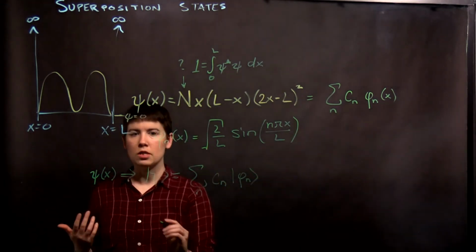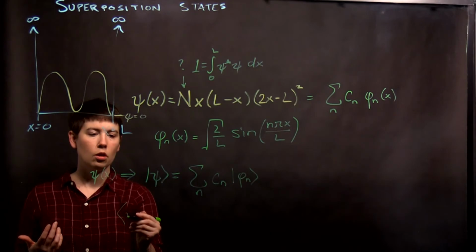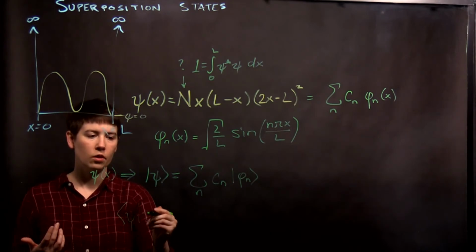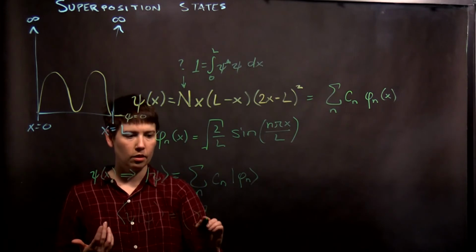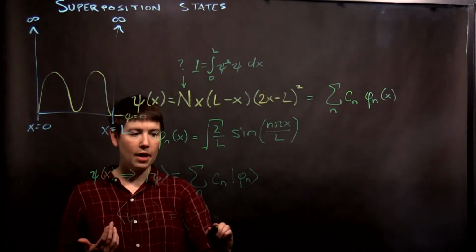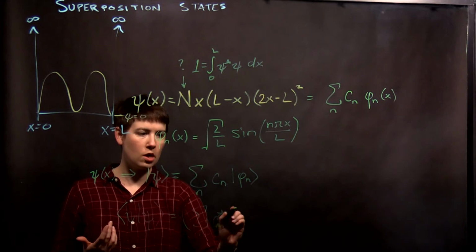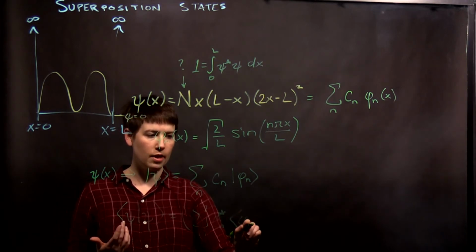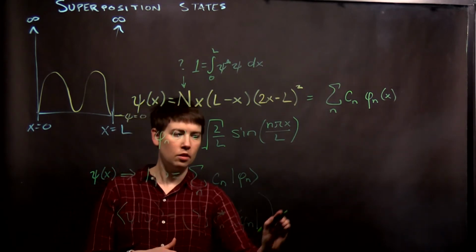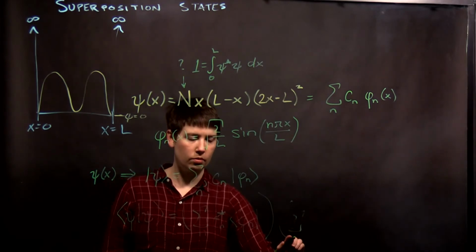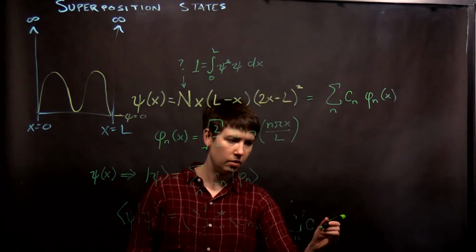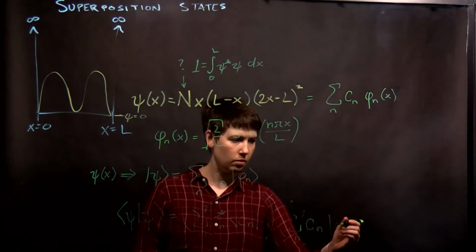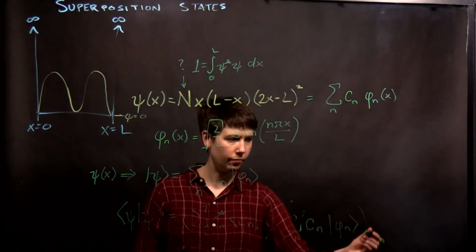So now imagine doing a bracket, right? When we have this, that would look like first your sum, and now this needs to be star, and you would have your phi n bra, and then you would have your Cn phi n ket.